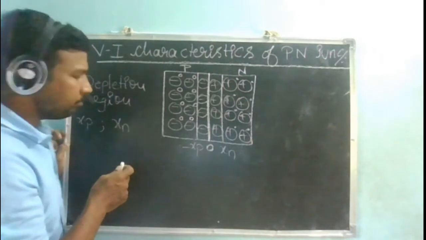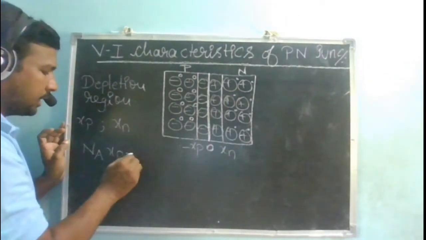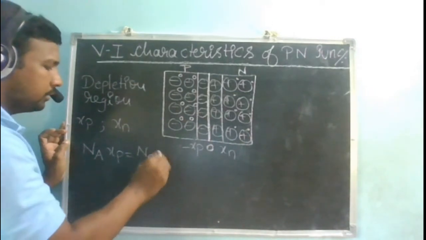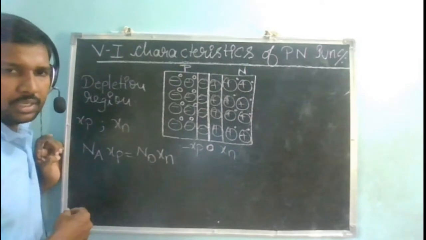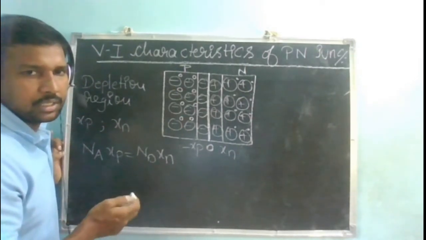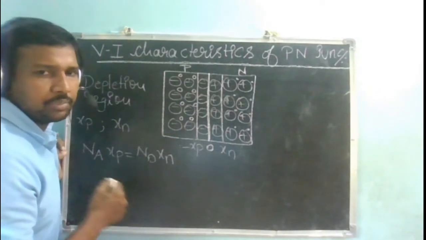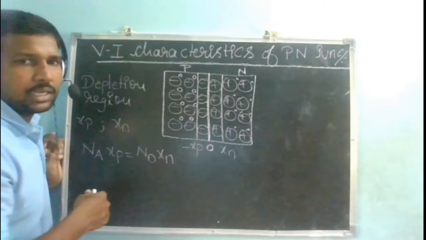And also we have seen that Na into Xp is equal to Nd into Xn based on the charge neutrality equation. So from this we have understood that the more lightly doped the region, the more the width of the depletion region. So depletion region penetrates more into the lightly doped region.